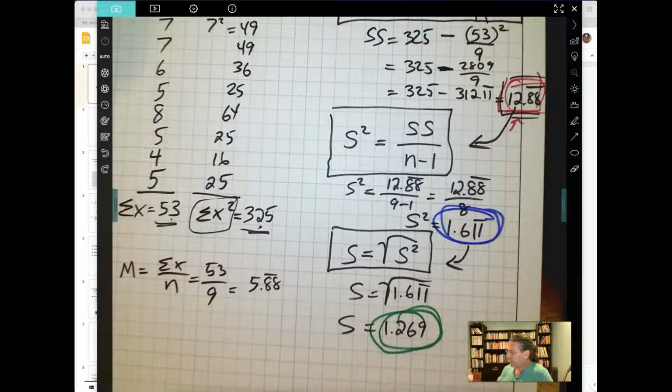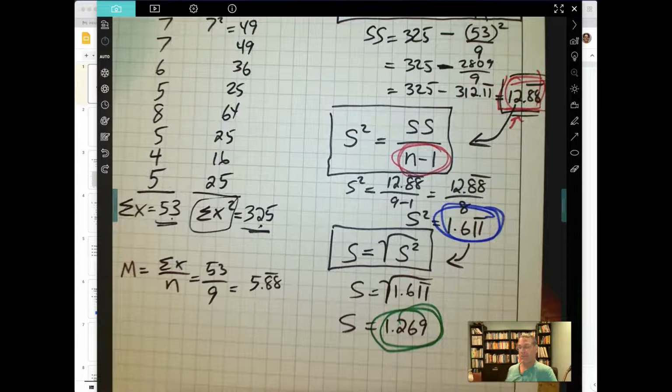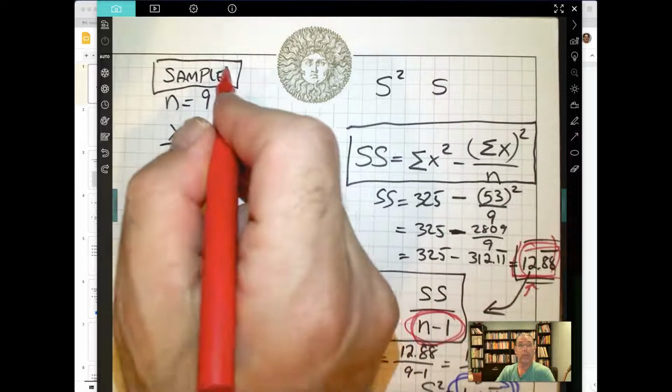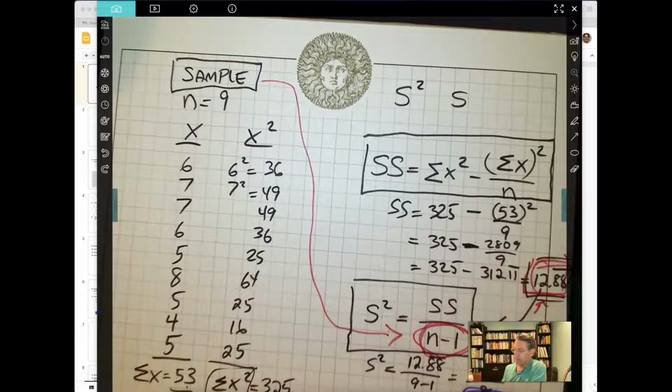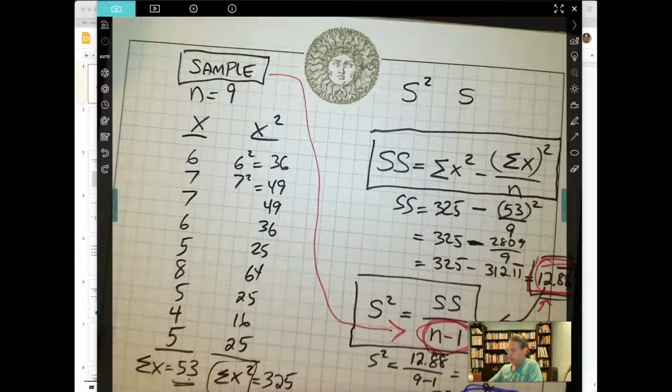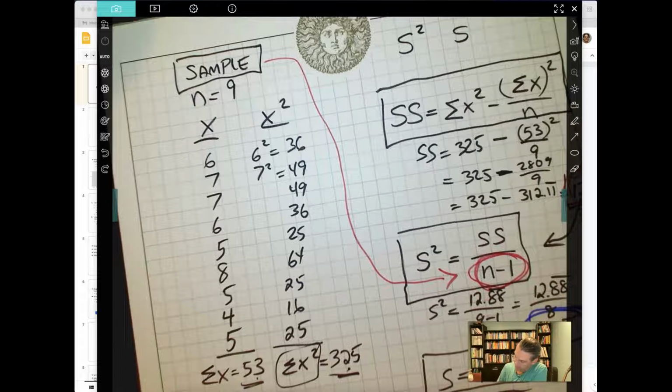So the one thing to keep an eye out for is that this part here is the difference for a sample. A sample is going to have n minus 1 in the denominator, but for the population, remember that the formula for variance is the sum of squares over n, and then the standard deviation is just the square root of that variance.